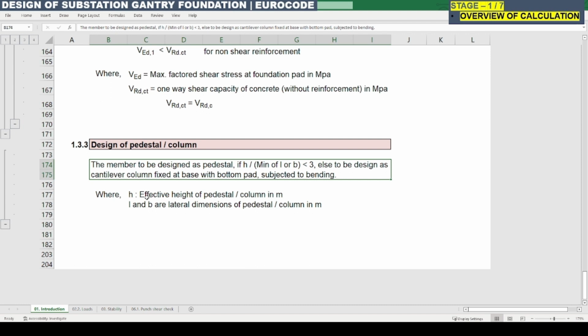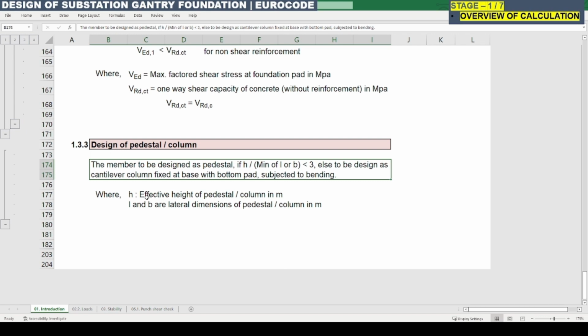If it is less than 3, then this element should be designed as a pedestal. If it is greater than 3, then we need to design this as a column, that is a cantilever column fixed at base with the bottom pad, subject to bending and axial tension and compression. So this criterion we need to check first.